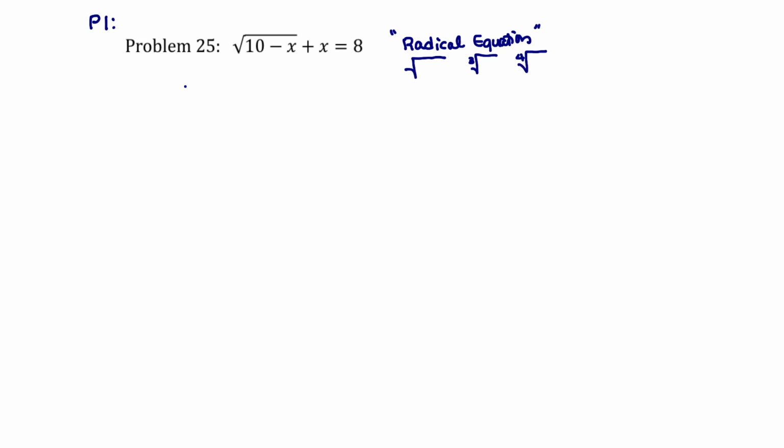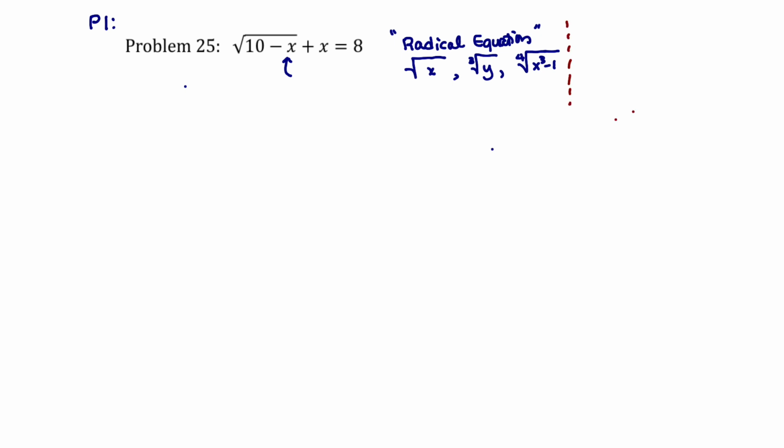But more importantly, within the radical is where the variable is housed. If you have equations where inside you have variables, then that makes this a radical equation. And so we can see by the placement of the x within this radical sign, we have a radical equation. So what does that mean for us?